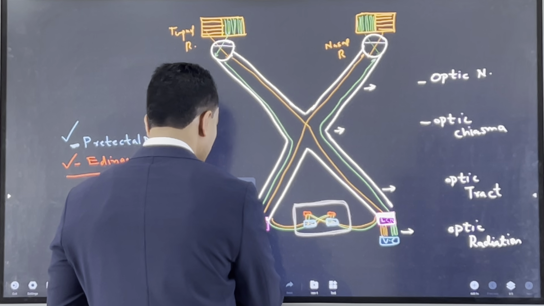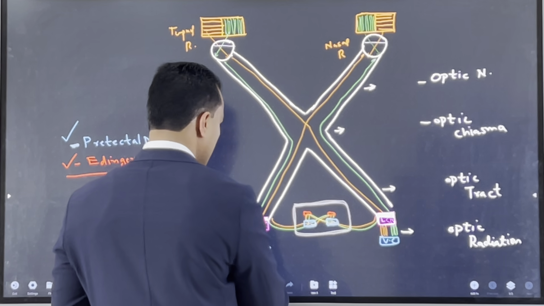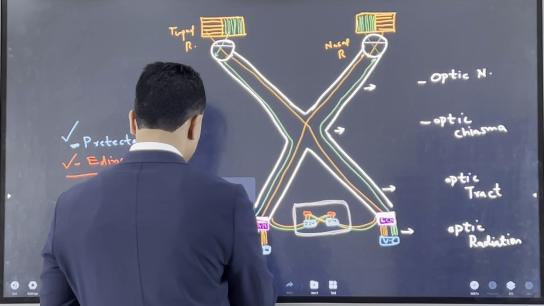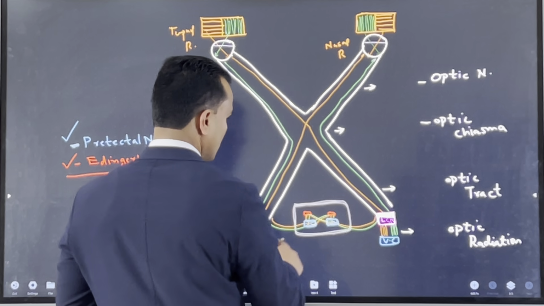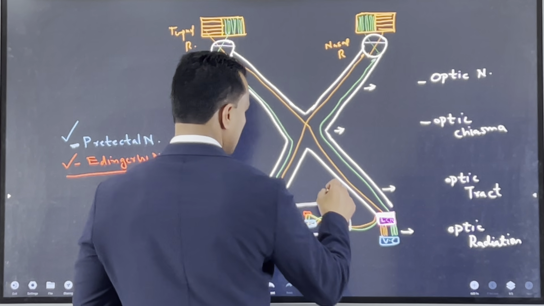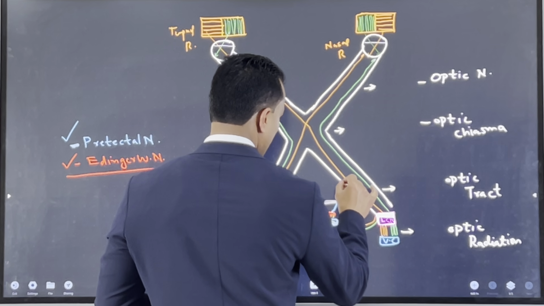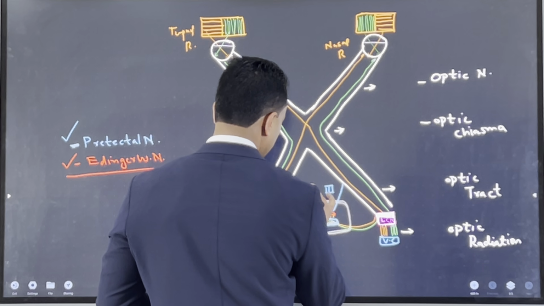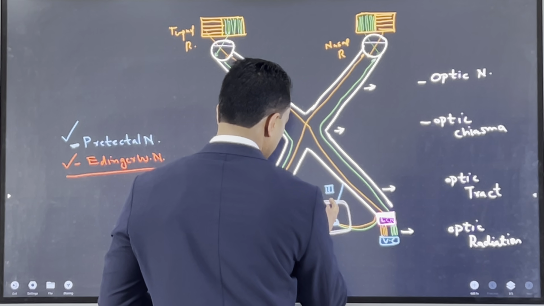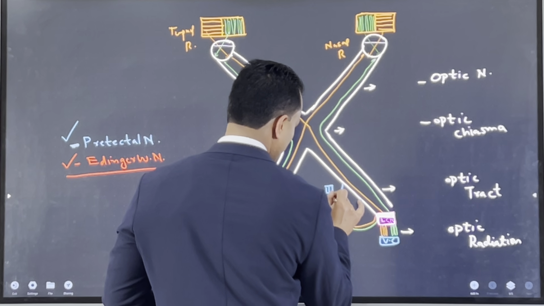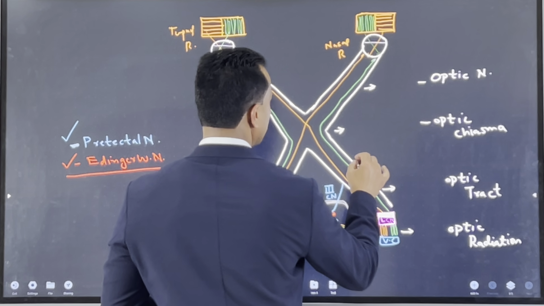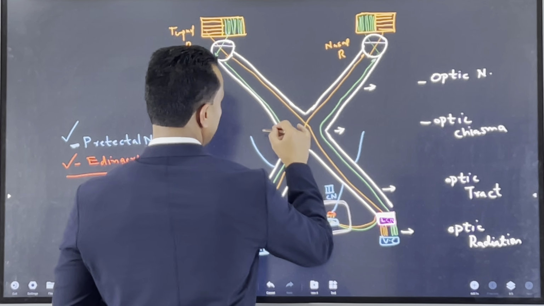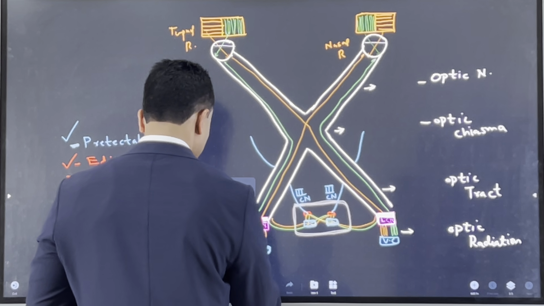And then from this Edinger-Westphal nucleus, we know that the third cranial nerve will activate, and the third cranial nerve will enter now, and now it's activating your third cranial nerve. Suppose this is cranial nerve number 3, the third cranial nerve, and the third cranial nerve is parasympathetic, and it's going to synapse with which parasympathetic ganglion?